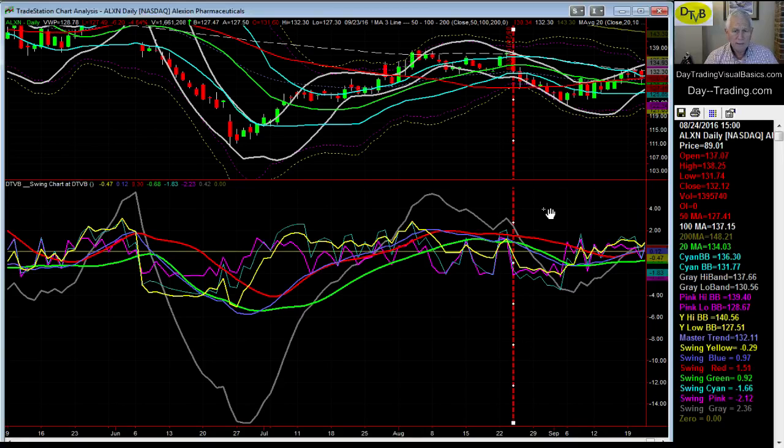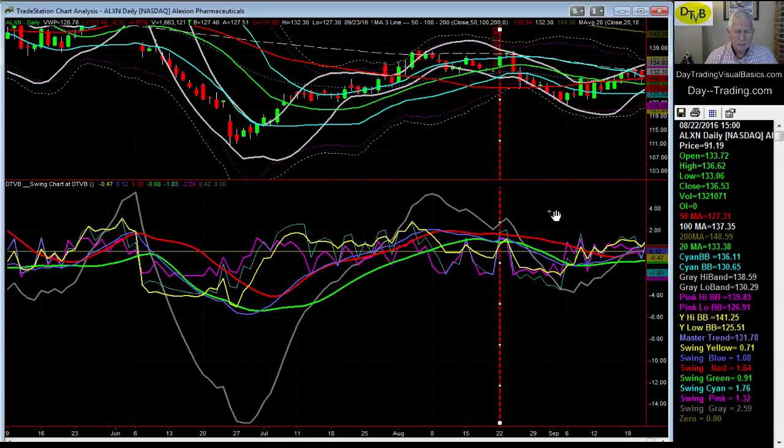normal swing pattern, and look at the size of that candle. It looks like it's about $7 long. Usually, when you have a BOC above 0, so you've got a swing gray candle that goes up above 0, that typically will give you a high green candle on the day that it's going up.